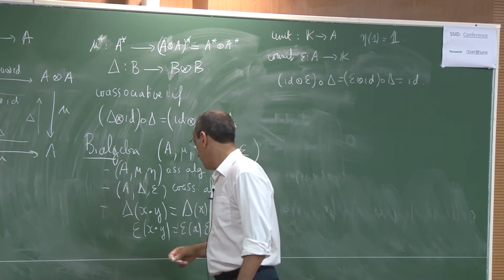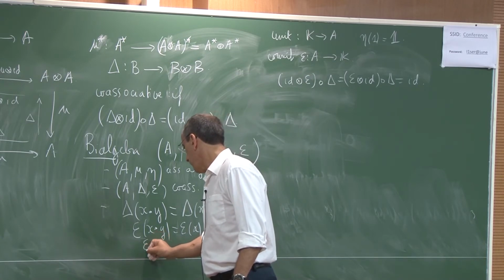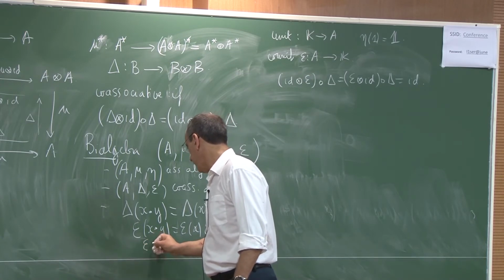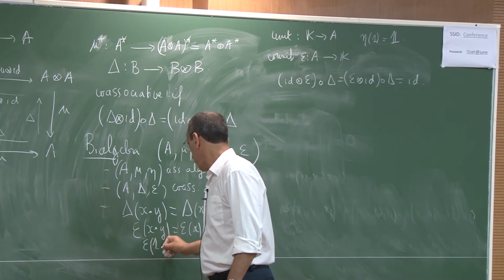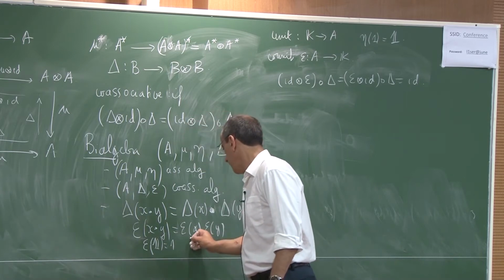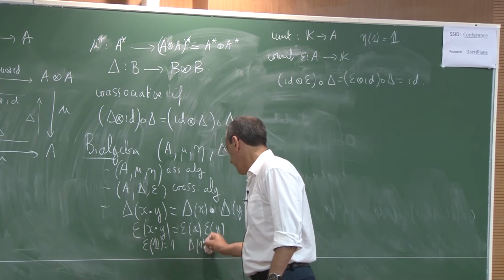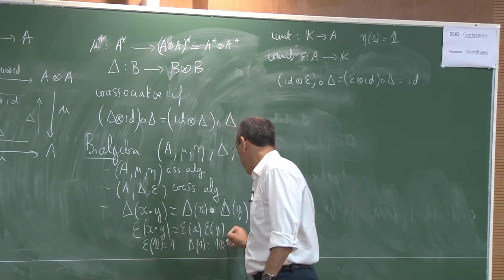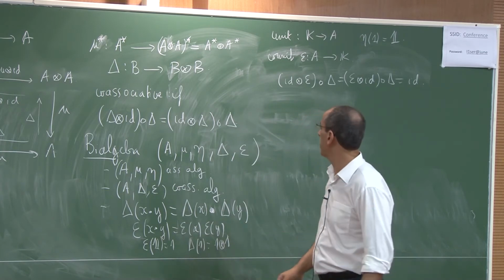It should also be compatible with the unit: epsilon of 1 should be 1, and delta of 1 should be 1 tensor 1, and so on. And this is the definition of a bialgebra.